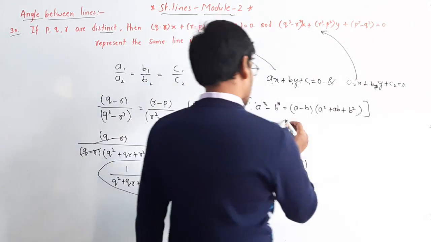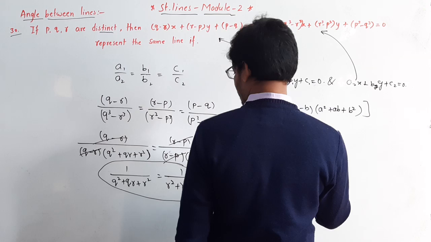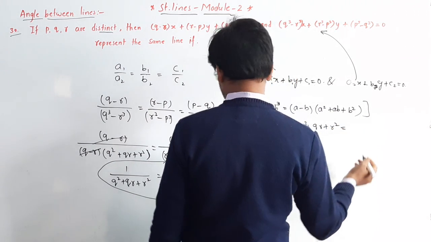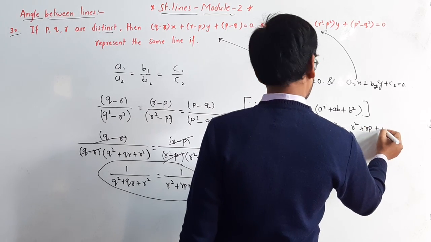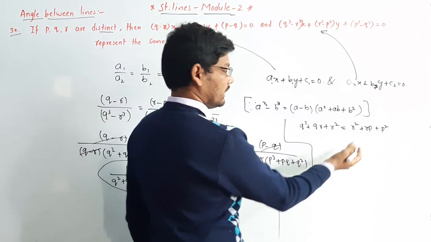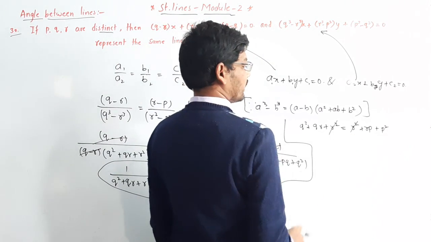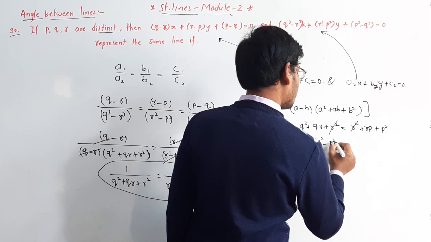So similarly you can write q square plus qr plus r square is equal to r square plus rp plus p square. Let's cancel r square here. So these two are equal. Let's bring p square here: p square minus q square, minus p square.